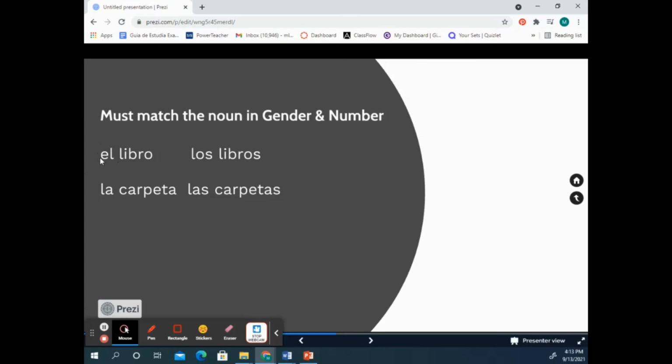So if we are working with a singular masculine article like el, it needs to match a singular masculine noun like libro. And again, if you remember in the notes of the video today, O is an indicator of masculine, A indicator of feminine. So el is going to match that O, la is going to match the A, and then of course if we're going to plural these, we do have to plural that definite article along with the noun, los libros, las carpetas.